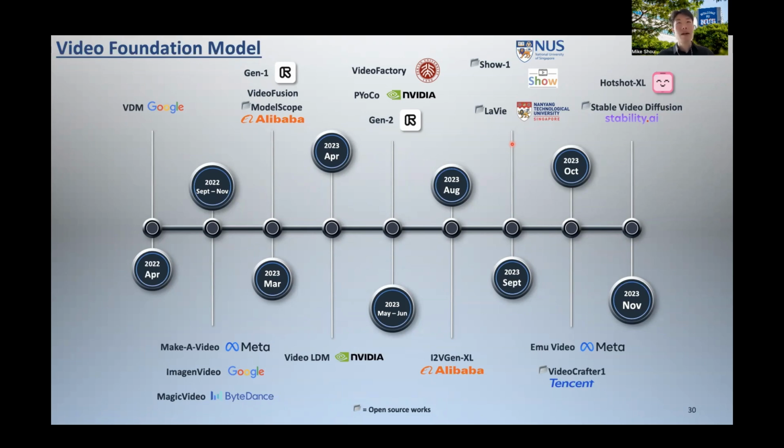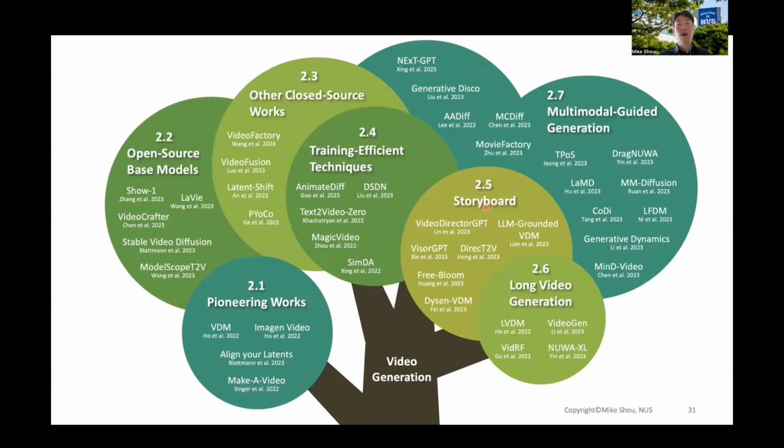But there are quite a lot of video foundation models or base models for diffusion-based video generation. So we organize these models and also other related technologies into 7 categories. The first 3 categories are more about these foundation models or base models, and then we introduce other related topics in this field as well.